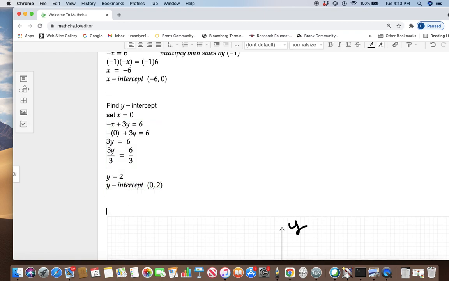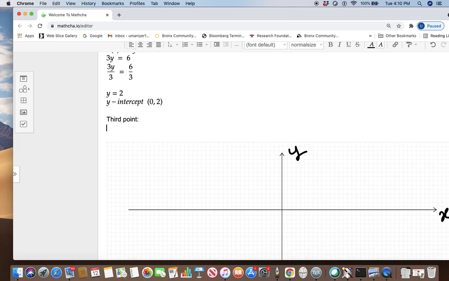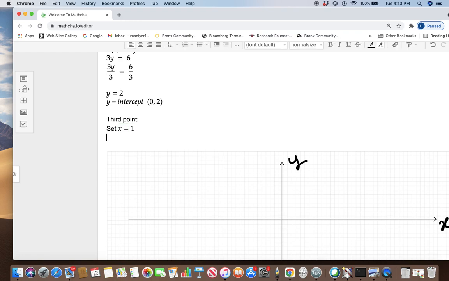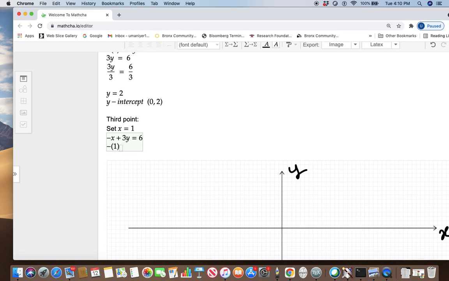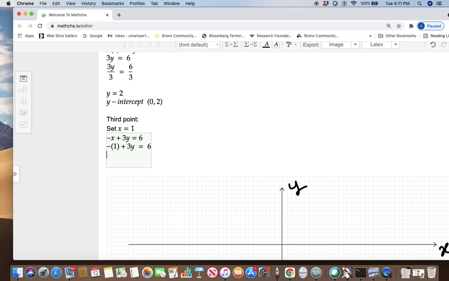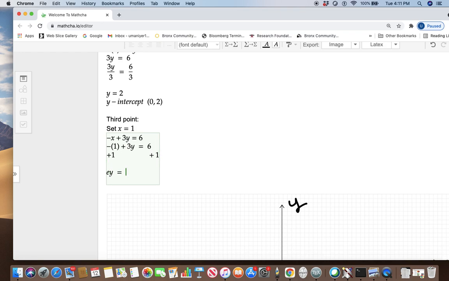Now, find a third point. You can choose any x value or y value. I simply prefer setting x equals 1 in your equation. Minus 1 plus 3y equals 6. Add 1 to both sides. You get 3y equals 7.